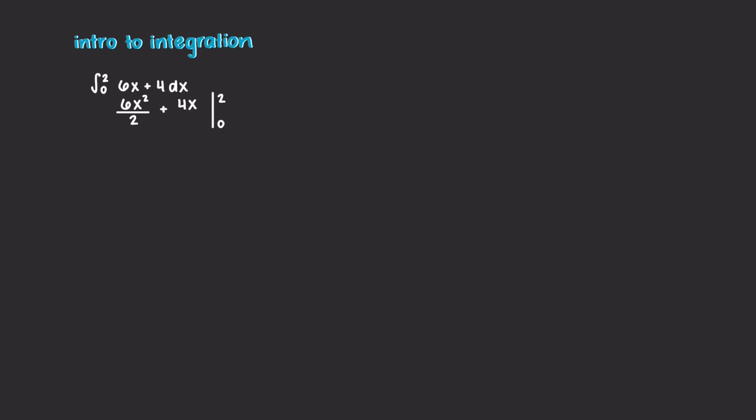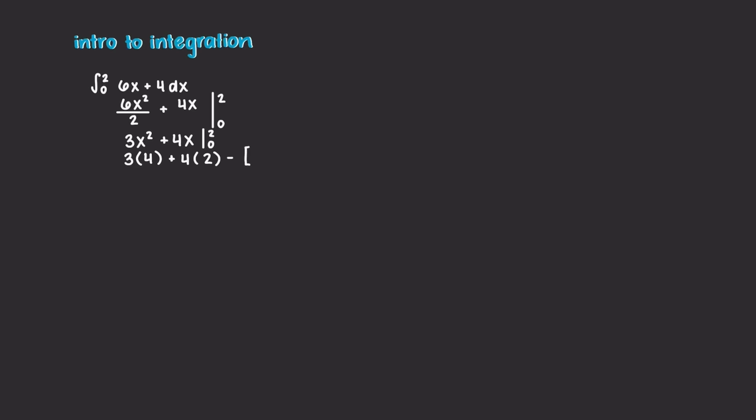So let's do it. What if we plug in 2 to this whole thing first? If we simplify this a little bit, it's going to look like that. Now let's plug in 2. That's going to turn into 4, right? Plus 4 times 2. Okay, so that's what's happening when we plug in 2. Now we have to subtract this number by the number we get when we plug in 0.